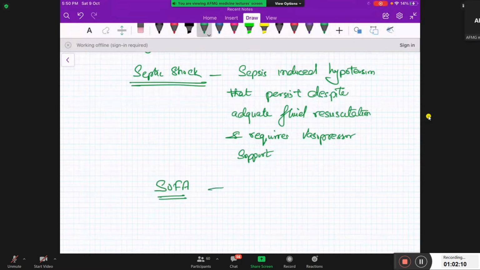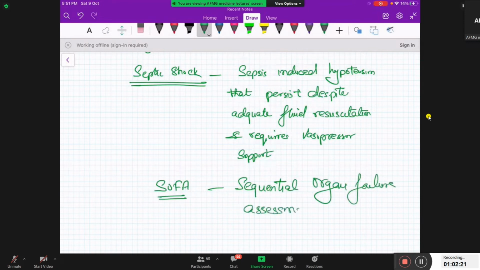What is SOFA score? Sequential organ failure assessment score. In this SOFA score, we don't need to go into the detail, but we should know what parameters we have there.